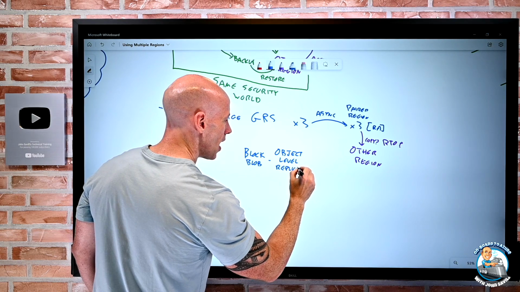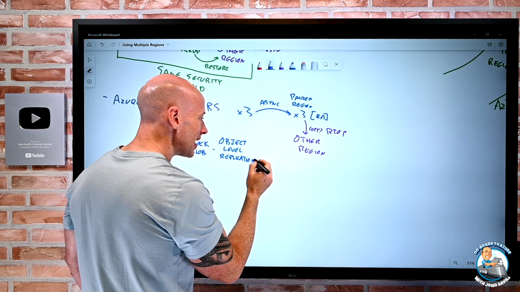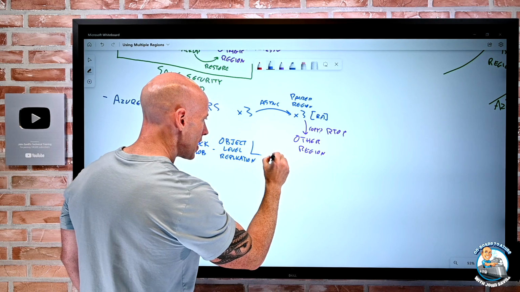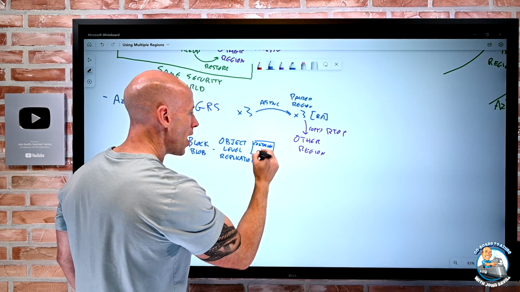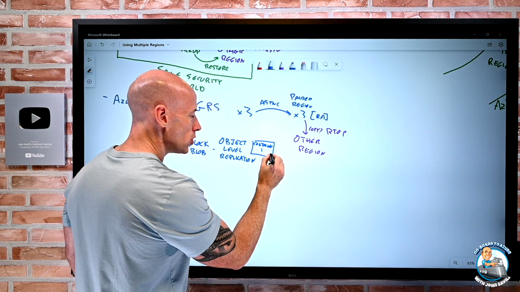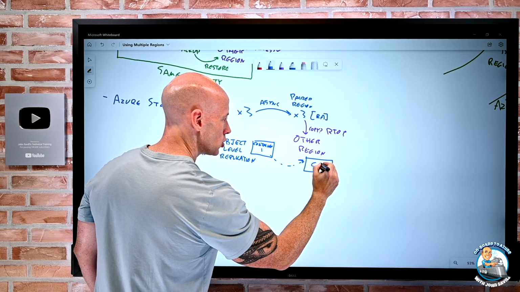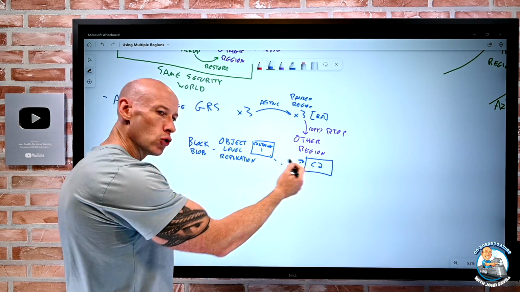And what this lets me do is at a container level, so I have different containers in a storage account, well, I can say, hey, in this container 1, I want you to replicate to container 2 in this other region. And it will do the replication.